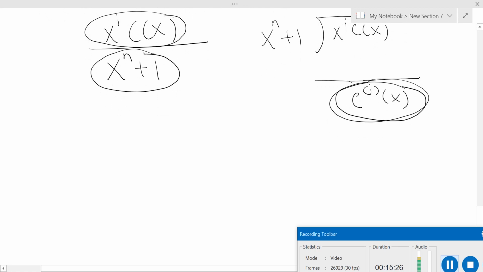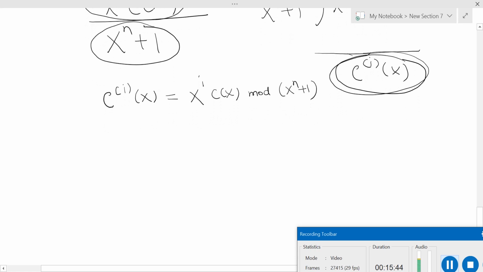And this type of multiplication, we write ci of x, this cyclic code, is equal to x to the power i c of x, modulo x to the power n plus 1, for any i cyclic shifts.